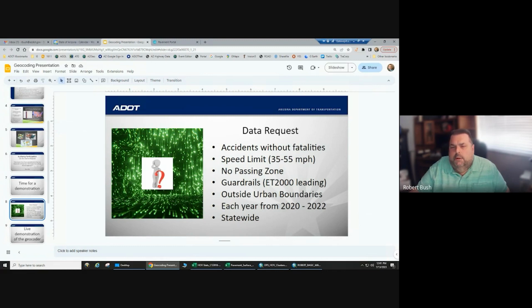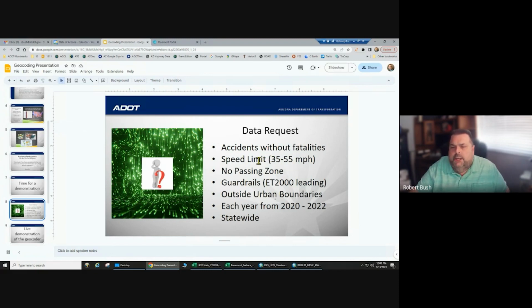of a spreadsheet. But with GIS, we can actually make that happen because, first of all, accidents are a GIS record that is already available. Speed limit zones, we already know and have.